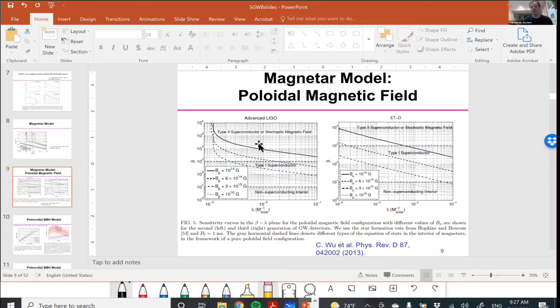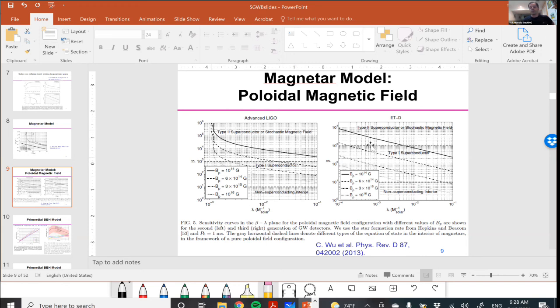So you could have type 1 superconductors, type 2 superconductors, or non-superconducting interior. And depending on the equation of state, you will have different values of beta. So with this kind of approach, you can actually start to probe or learn a little bit about the equation of state of neutron stars.